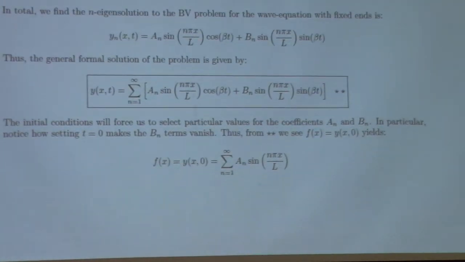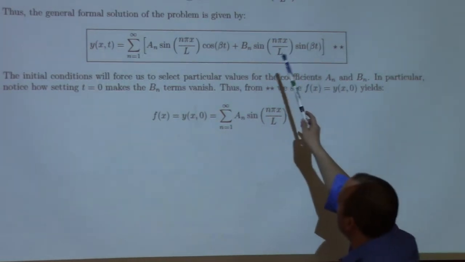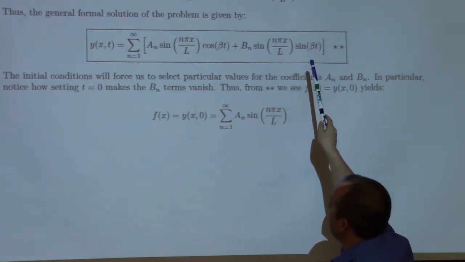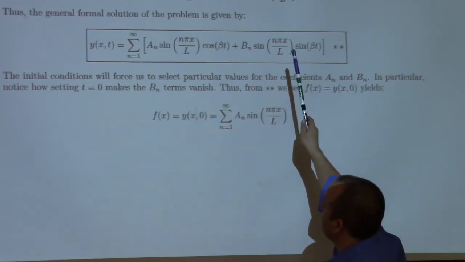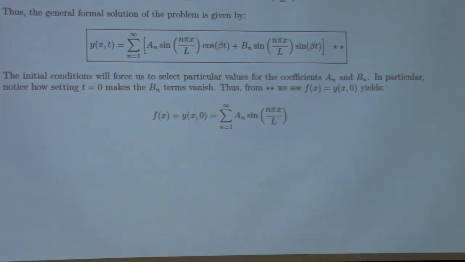So here's what that looks like. Y sub n of x, t is equal to a product of the sines and cosines in x and t respectively. And then of course I have one of those for each value of n. In order to fit an initial condition for the wave, how it's plucked originally, I need not just one of these boundary solutions, but a sum of all of them to take care of the different initial conditions.